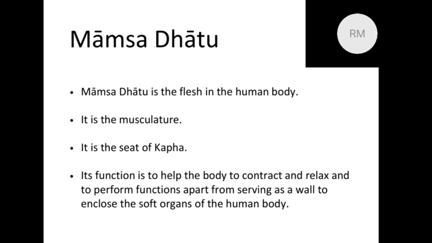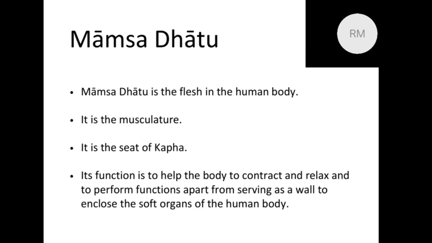Okay. Yes, so next we come to the third Dhātu, which is the Mamsa Dhātu. And this is generally translated as the flesh in the human body, the musculature. And this is also the seat of Kapha. And the function of the musculature is to help the body to contract and relax and to perform functions apart from serving as a wall to enclose the soft organs of the human body.